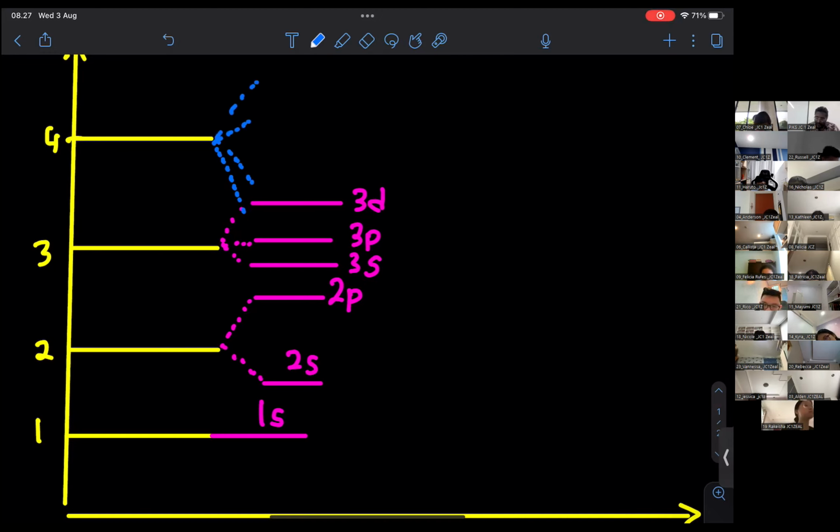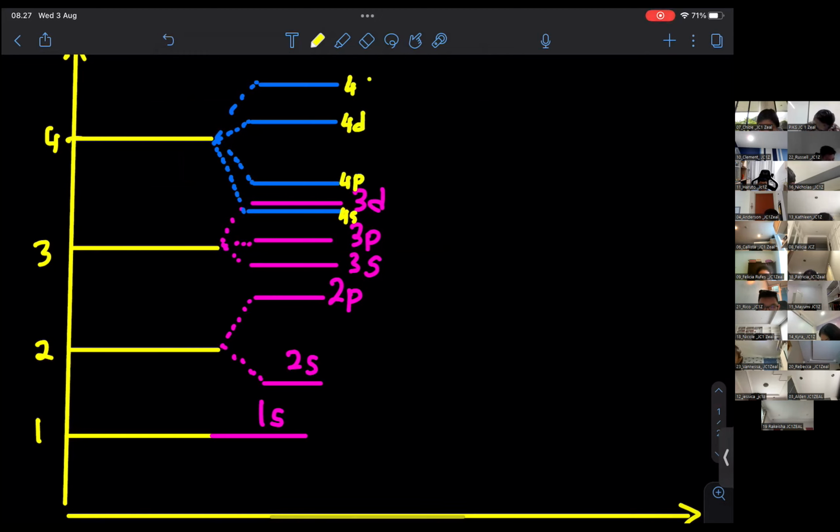When they divide into 4, you will have something like this. This is 4s, 4p, 4d, and 4f.